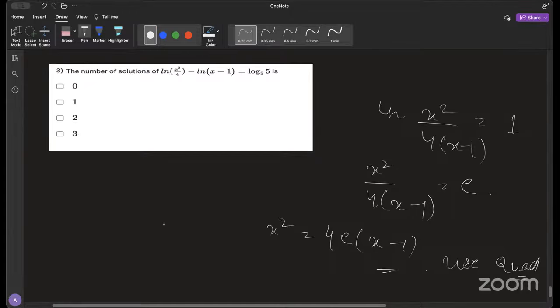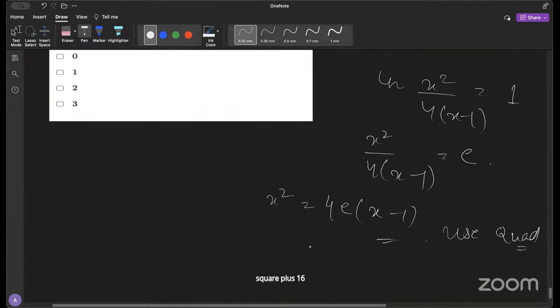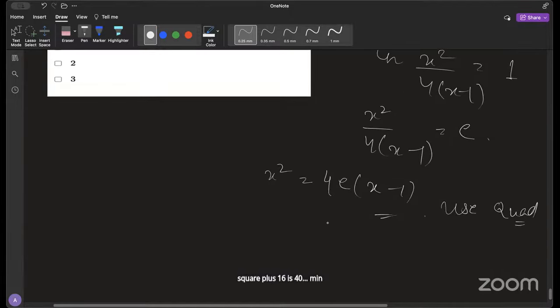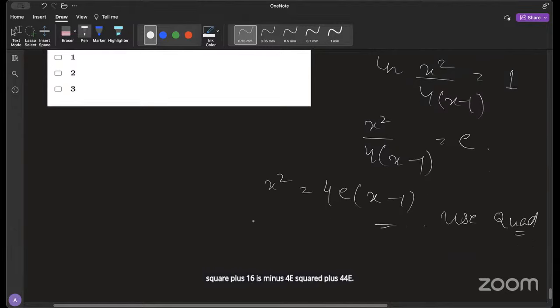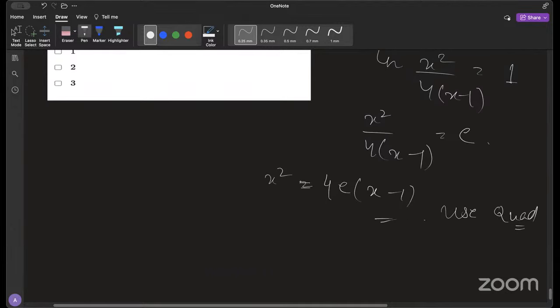The quadratic will come out something like 16e square plus 16e minus 4e square plus 4e. Yeah, use the quadratic. Do you want me to do it here? That's fine, I can solve that. Thank you. What was the doubt, by the way, in this one? Ma'am, actually, I didn't put e, so I was getting two valid solutions.